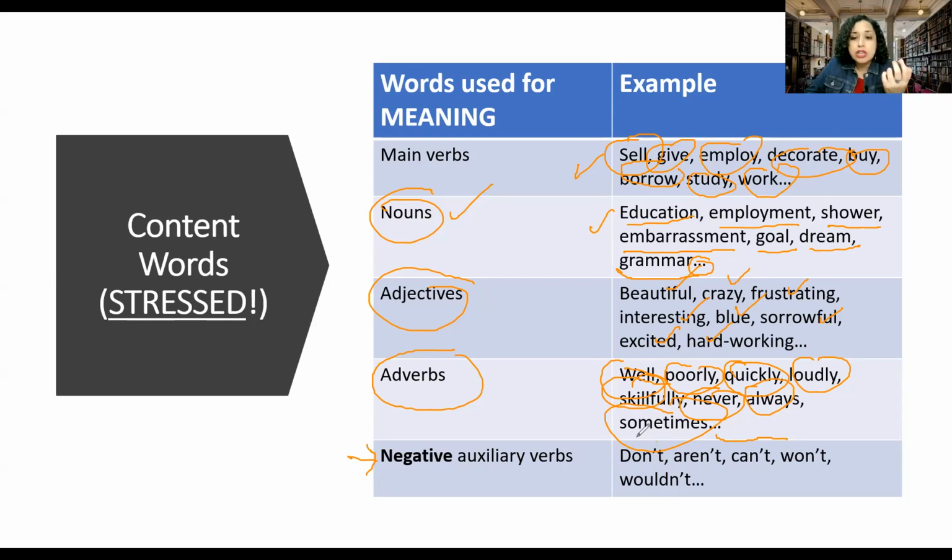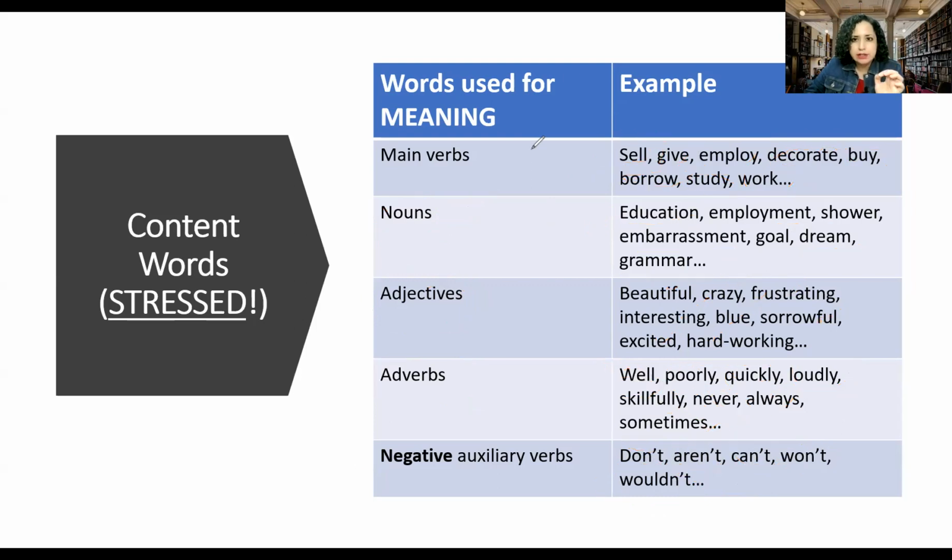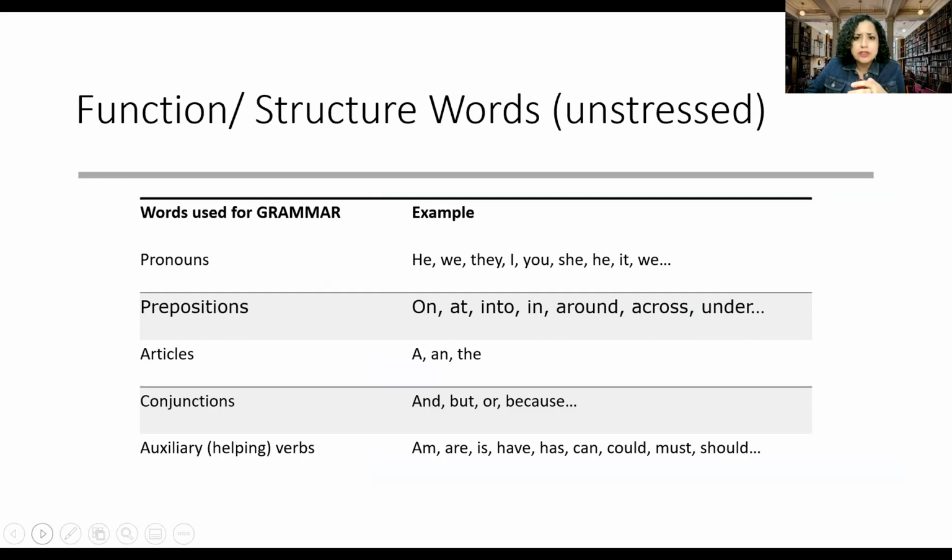That's why whenever you use don't, aren't, can't, won't, and wouldn't, and some more, you need to remember to stress those words. Okay? Yeah, but you still need a little more practice and a little more knowledge about that.